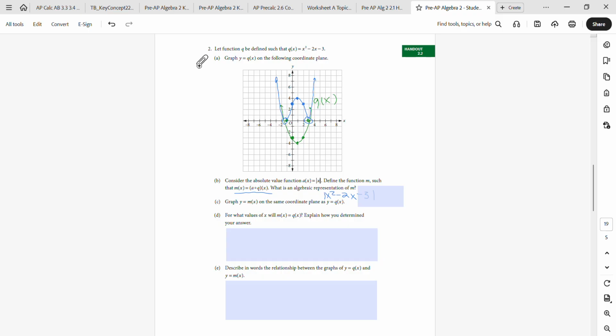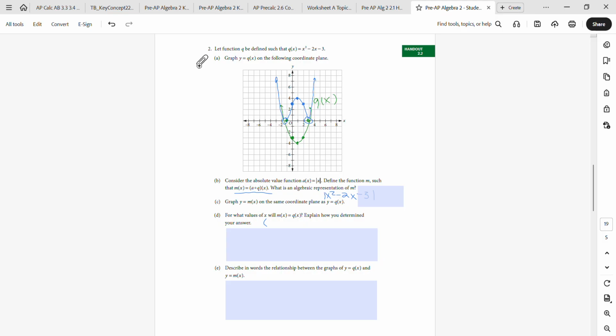And with this one, where are the values equal? When you give the explanation, in my mind, it's where the graphs overlap. But here, it does have two answers.